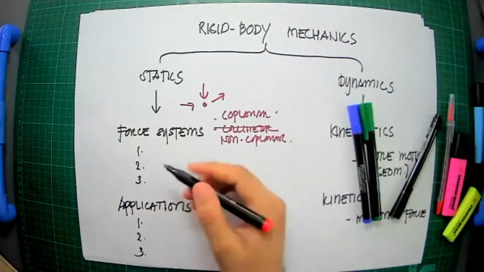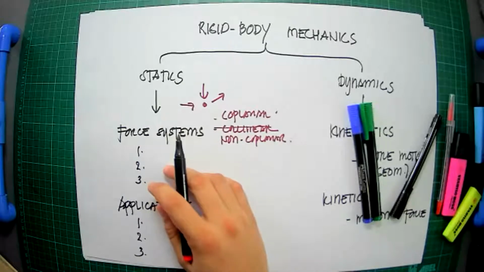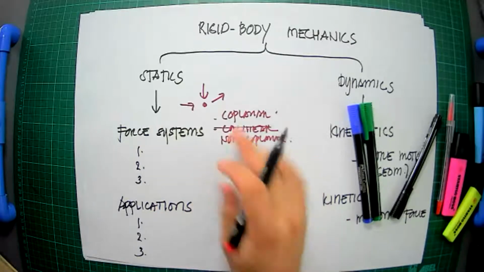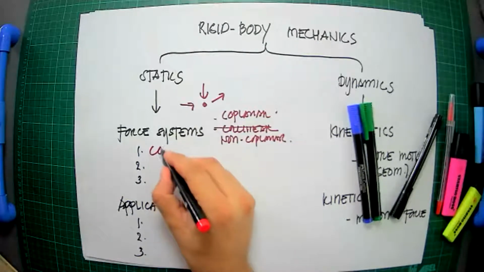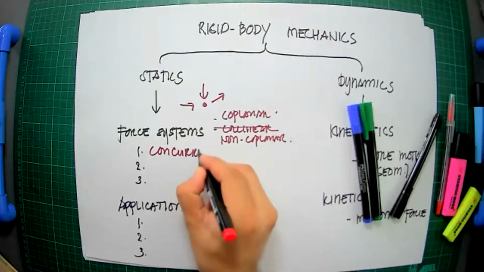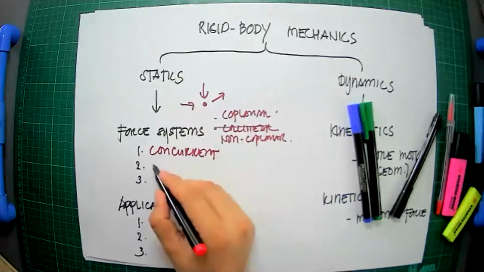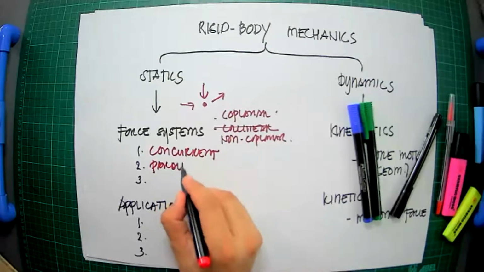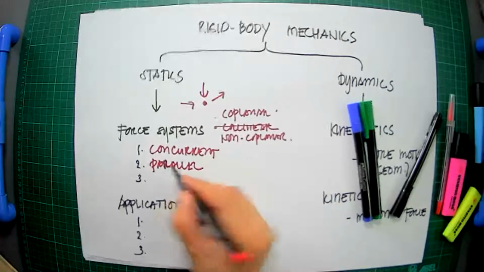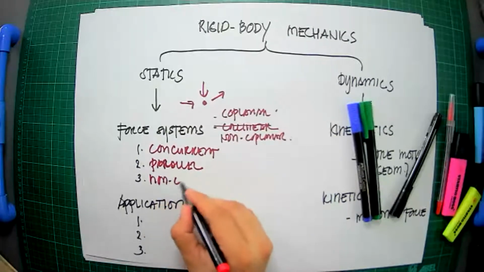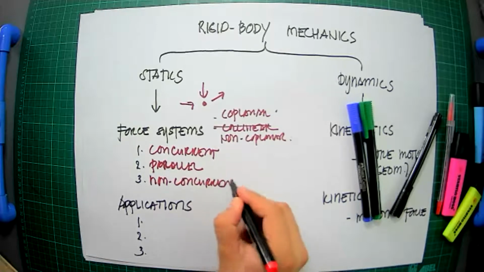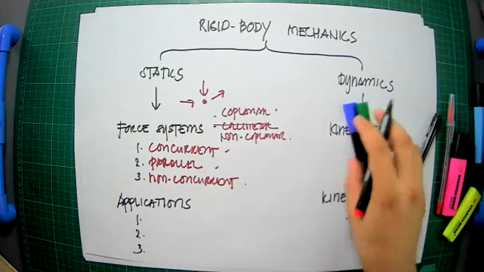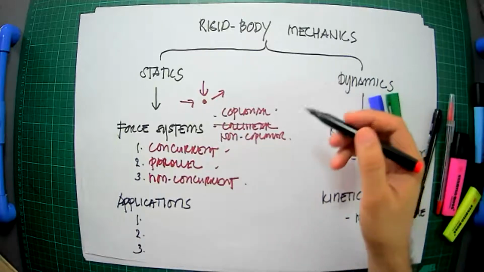So the different force systems are enumerated, no? These are what you call concurrent. Next is parallel. And last is non-concurrent. So what is the difference among the three of these four systems?